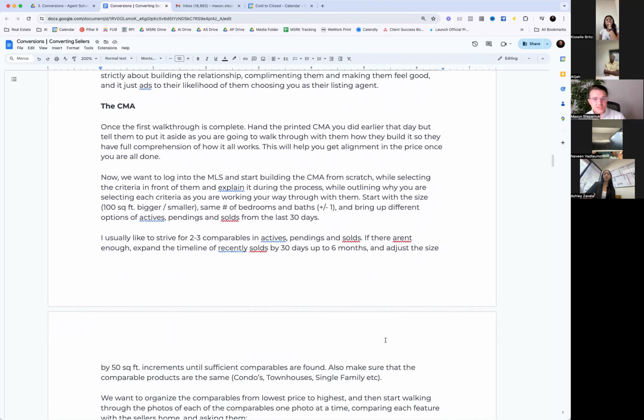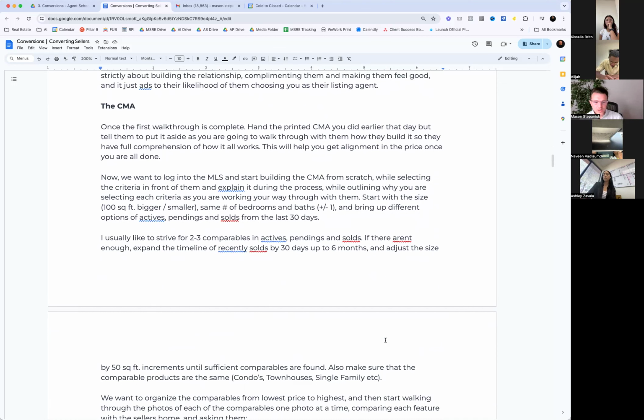Okay, so now in terms of the CMA, once the first walkthrough is complete, hand them the printed CMA that we did earlier that day, but tell them to put it aside, because we don't want to focus on the printed element.